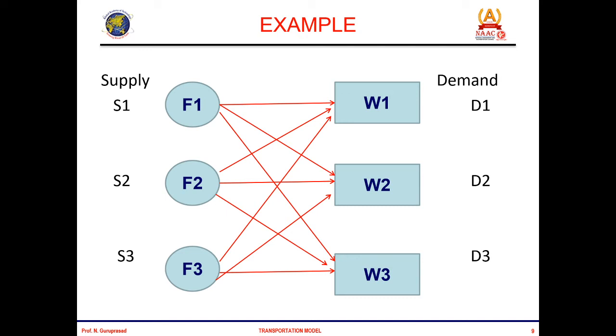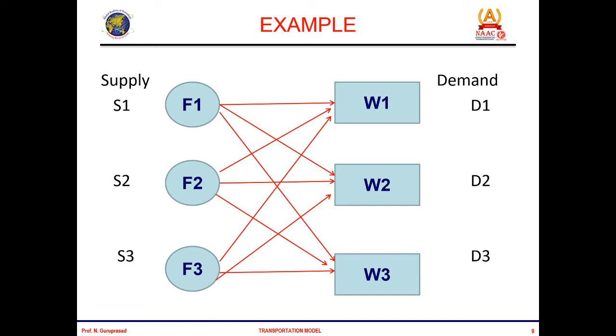It tells us that the total number of products that can be shipped from factory 1 is S1. These S1 products can go to warehouse 1, warehouse 2, or warehouse 3. That means factory 1 has a limitation of supplying S1 products. That's all. It can supply to any of the warehouses.